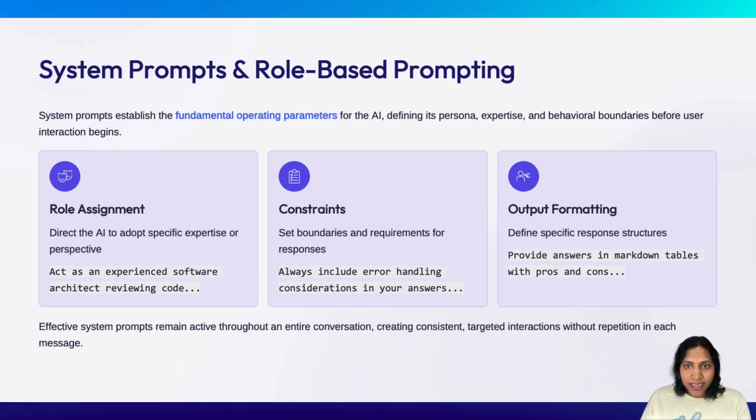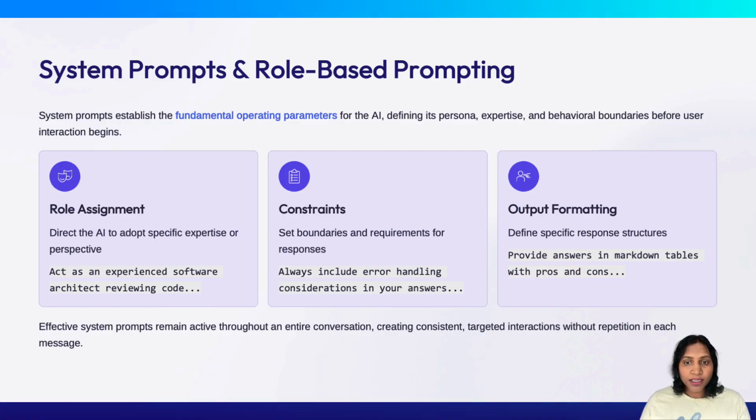Constraints are nothing but setting the boundaries and requirements for the AI responses. It could be such as always include error handling or edge cases. And the output formatting defines the specific response structure, like providing answers in markdown tables and pros and cons.